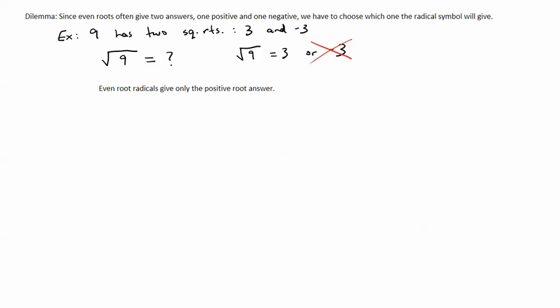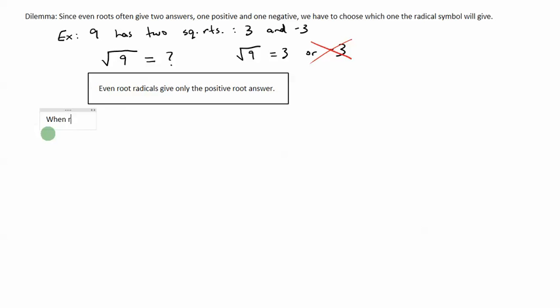Even though even roots have two answers, the symbol tells us that we're going to choose the positive answer. Also, when the radical symbol is used with even roots, we give it a special name.